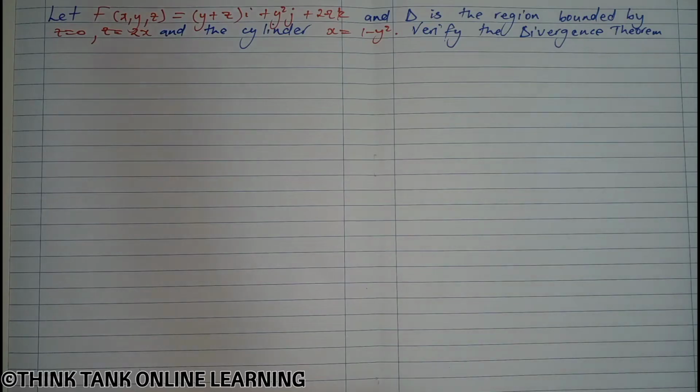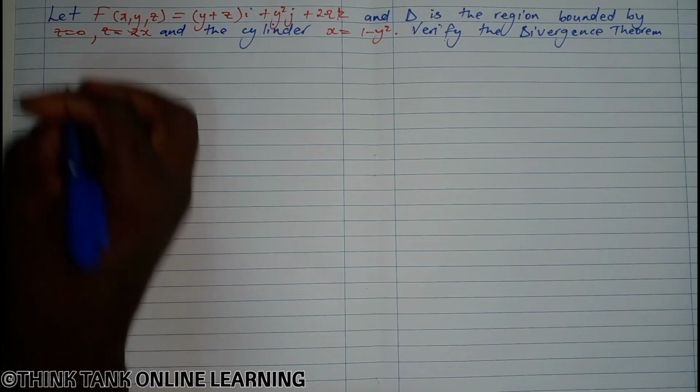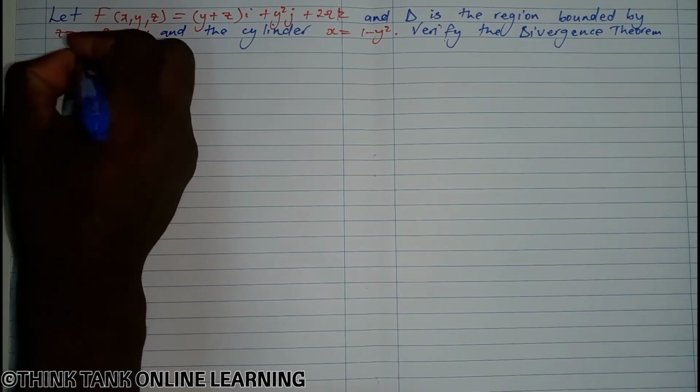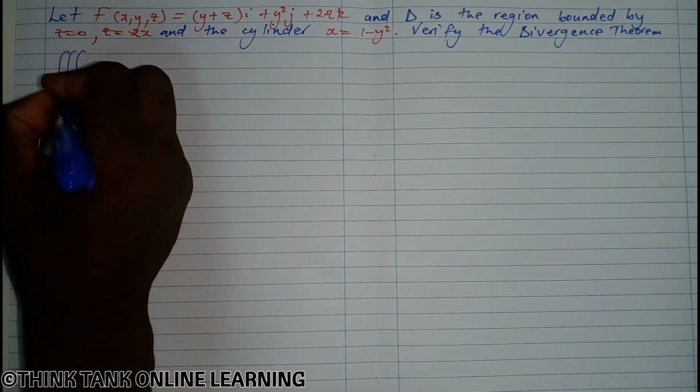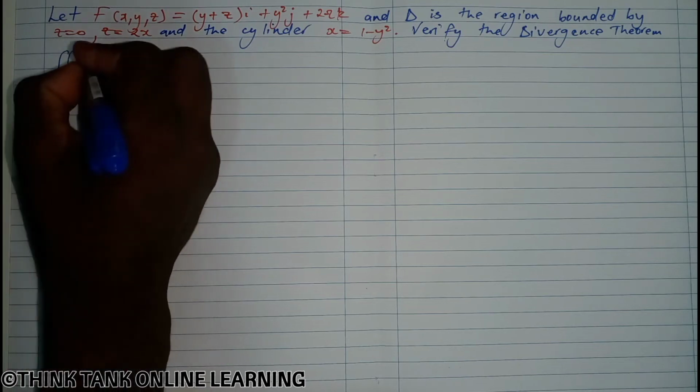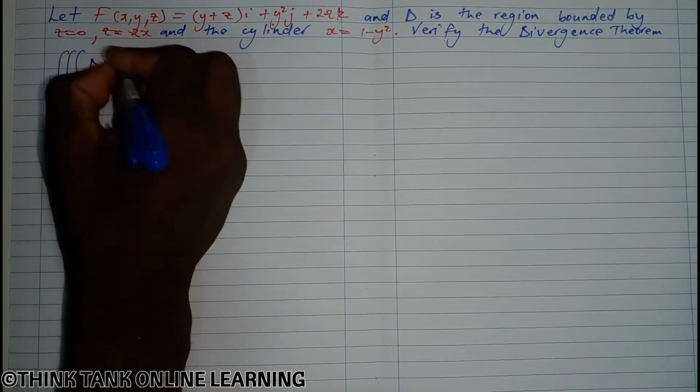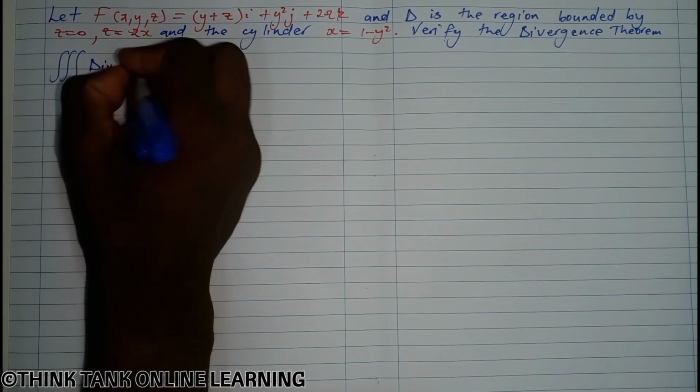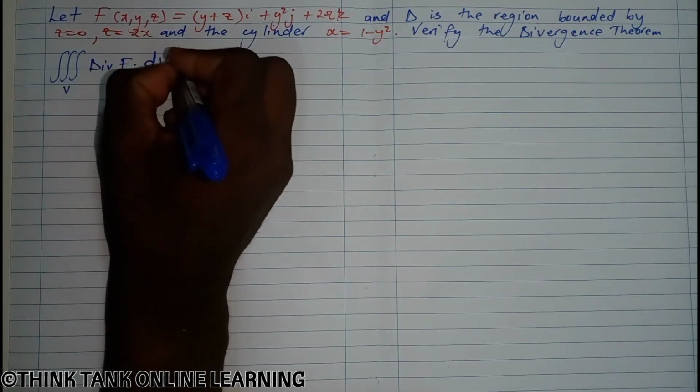For the divergence theorem, we want to calculate the outward flux. On the right hand side we have the triple integral over the volume of the divergence of the vector field, with dV.